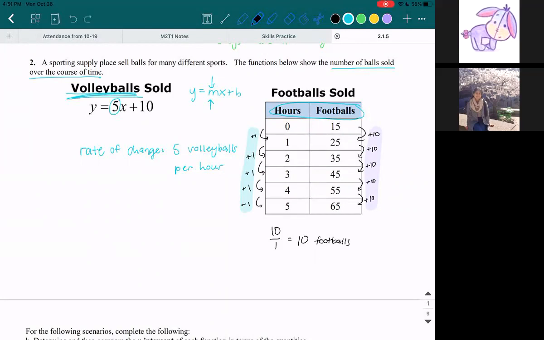Oops, that's not how you spell per hour. So then when we compare it, we are selling 5 volleyballs per hour and we are selling 10 footballs per hour.